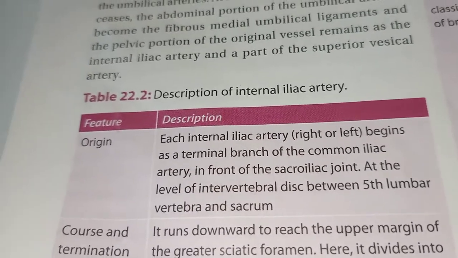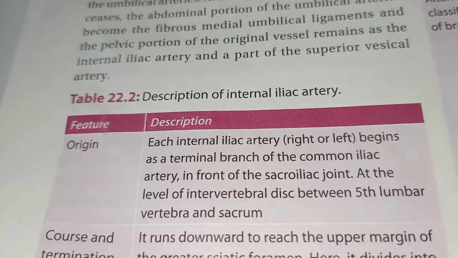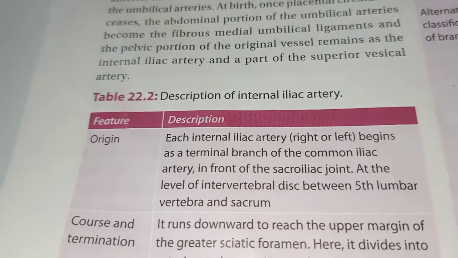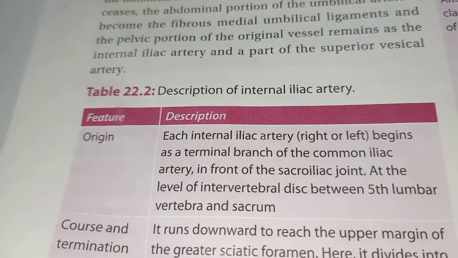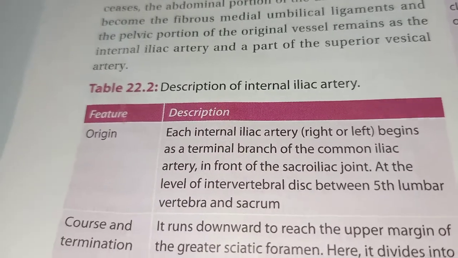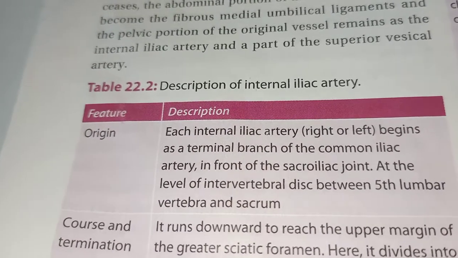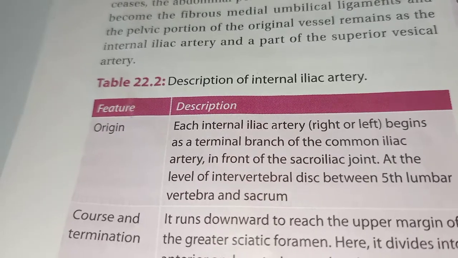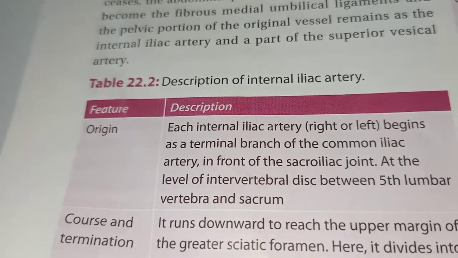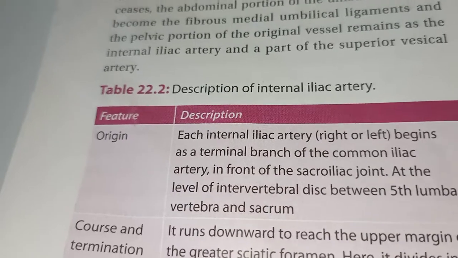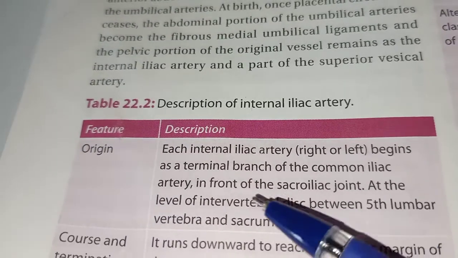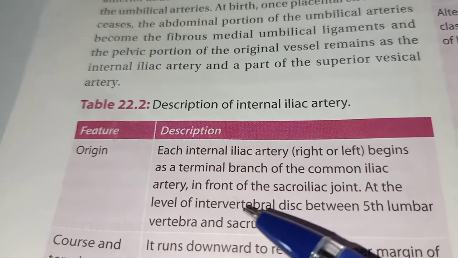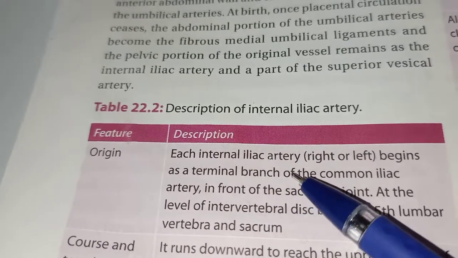Now, as you all know, the abdominal aorta bifurcates into the common iliac arteries just 2.5 centimeters below the umbilicus. So it bifurcates into right and left common iliac. Now these will descend down up to the SI joint, and in front of the SI joint the internal iliac artery arises.